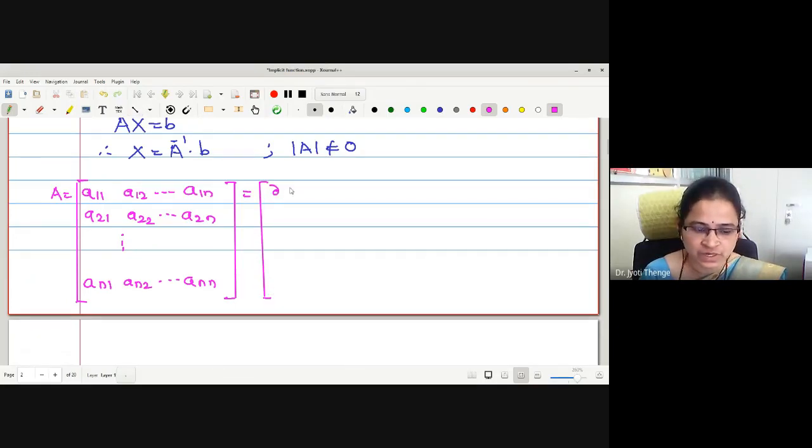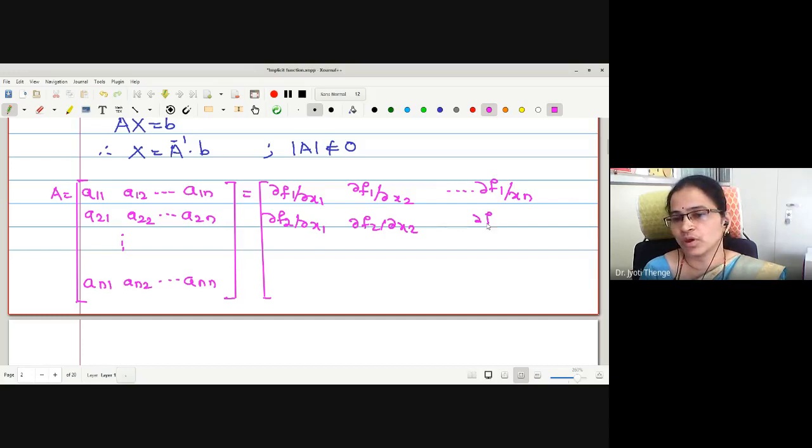For the first row, I can write ∂f1/∂x1, the second entry is ∂f1/∂x2, the last entry is ∂f1/∂xn. Similarly, the second row: ∂f2/∂x1, ∂f2/∂x2, ∂f2/∂xn.